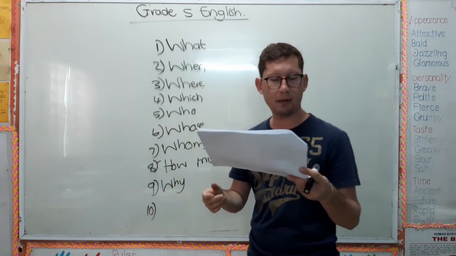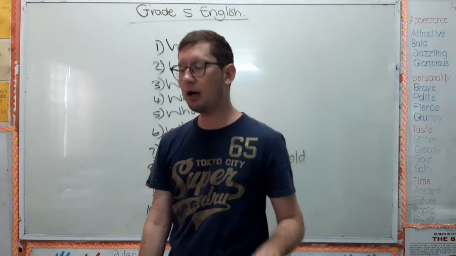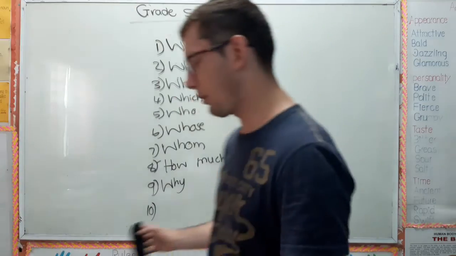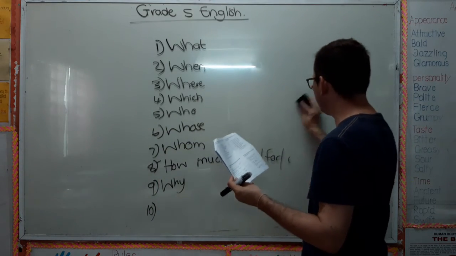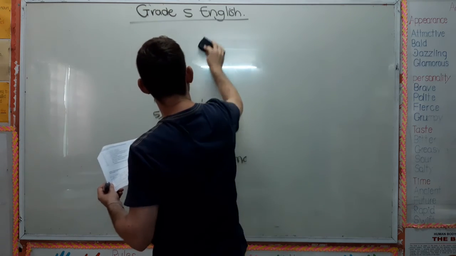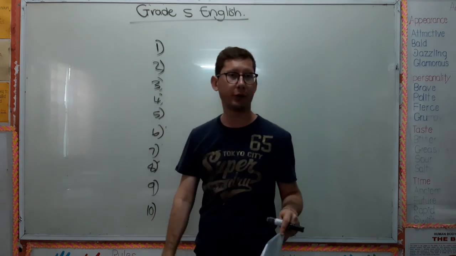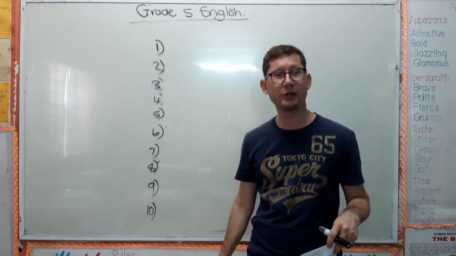So the next one would be about social media. Social media is very important because you have another 10 of them. I'm going to give you the vocabulary which you need to know, which you will get in the test. No, I'm not going to, because you need to study it.